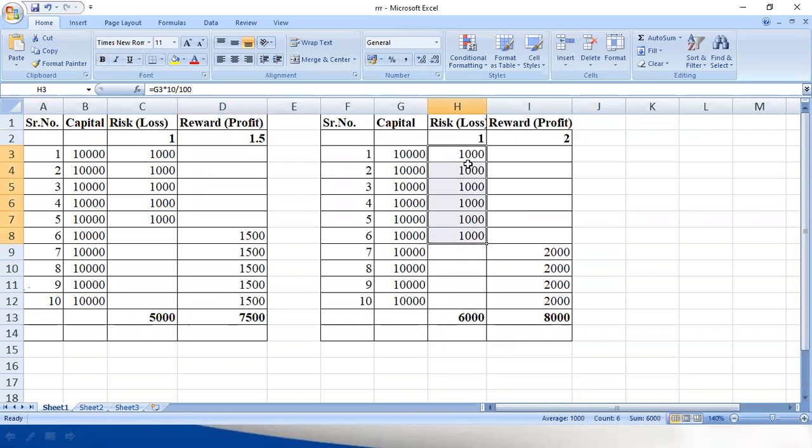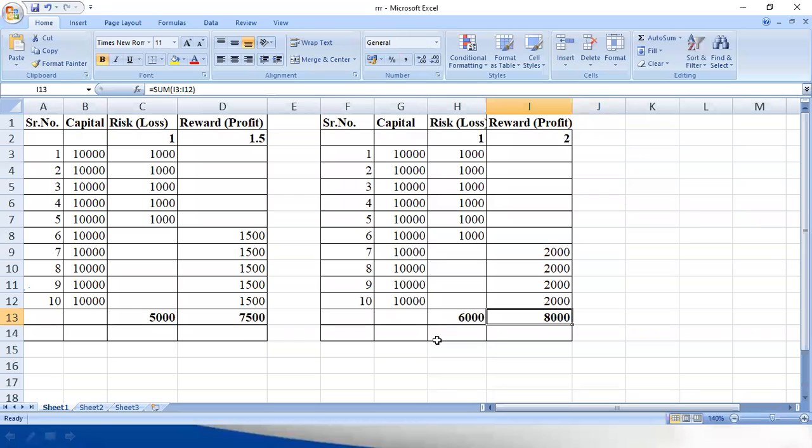But because I made a loss of only 1 ratio, that is only 6,000 rupees, and I made 4 good trades, I still made money. So even if I was correct only 40% of the time, out of 10 times I was correct only 4 times, 6 times I was wrong, still I made money. So that is why risk reward ratio is very, very important.